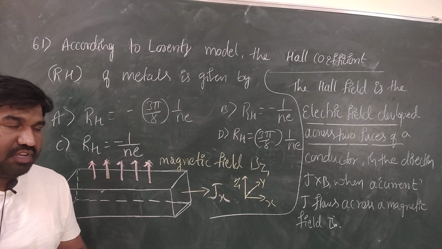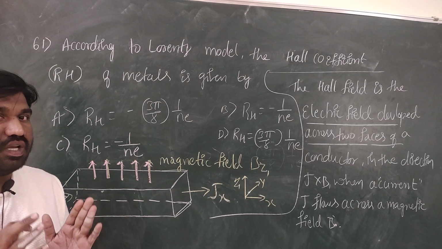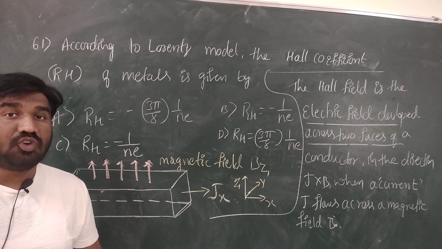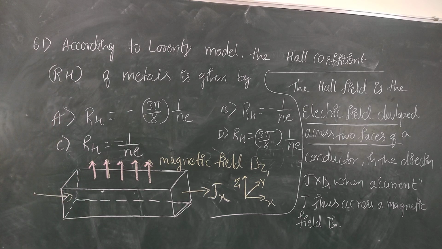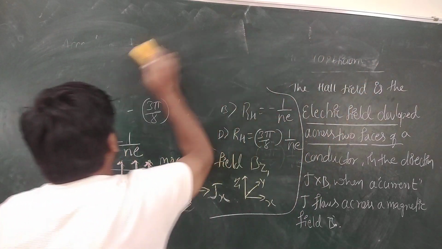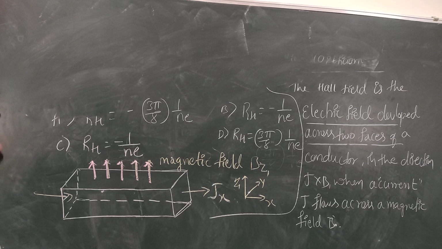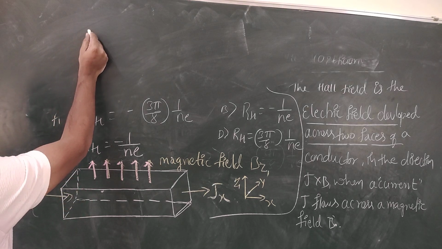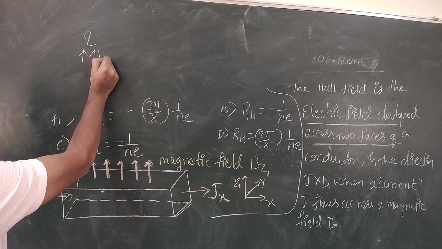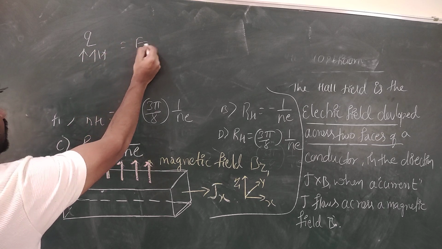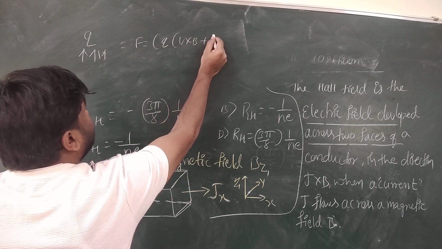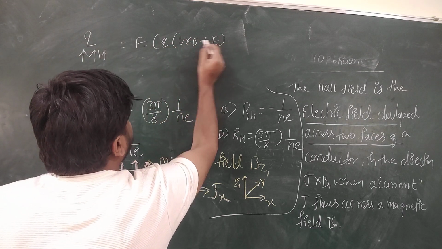We know that if any free charge is placed in an external electromagnetic field, a Lorentz force is created: F equals Q into (V cross B plus E).